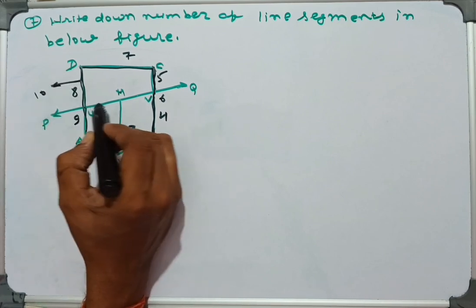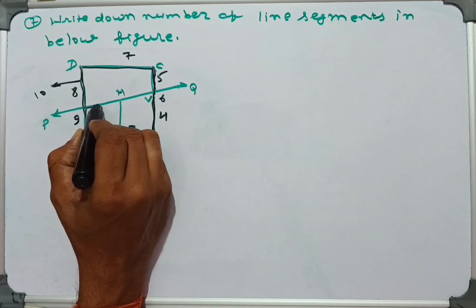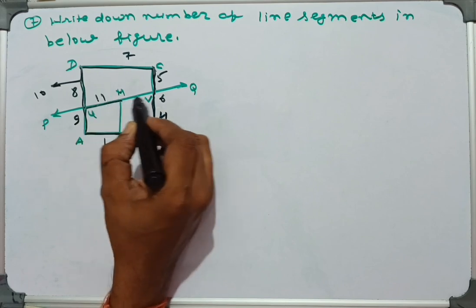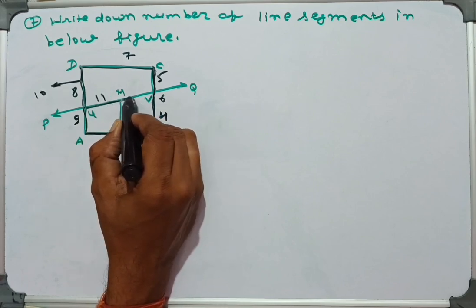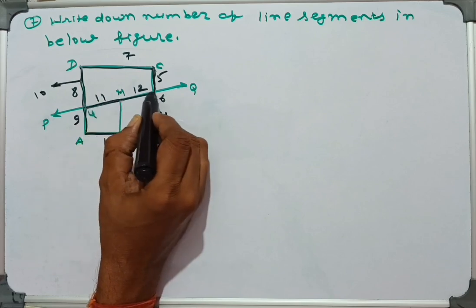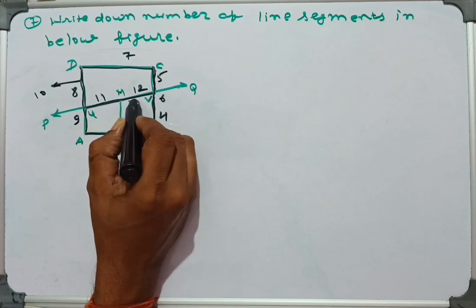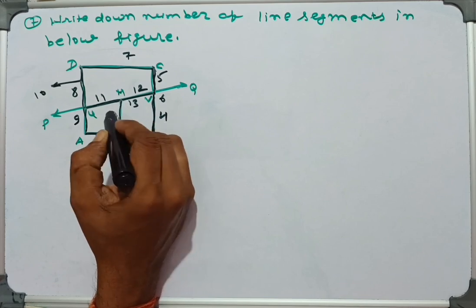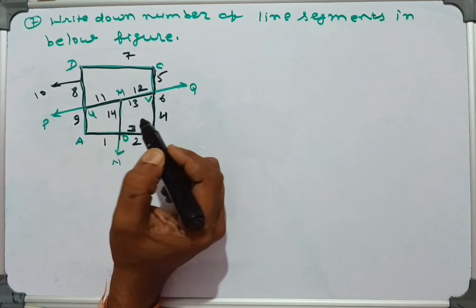Now see this, UM is a line segment, 11th one, and MB is a line segment, 12th one, and UV is also a line segment, 13th one, and the last one is MO, this one is the 14th one.